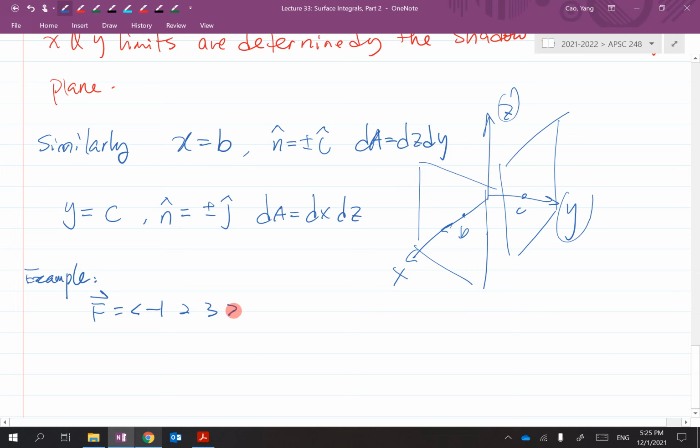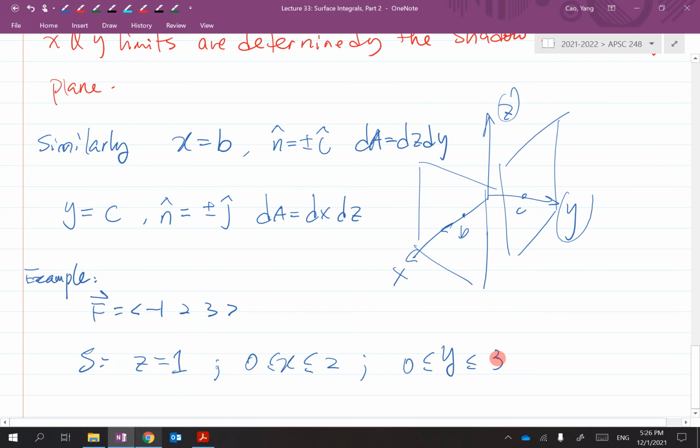Let's take a look at a quick example. Given a constant vector field F, and the surface S is given as z equal to 1, where x is between 0 and 2, and y is between 0 and 3.